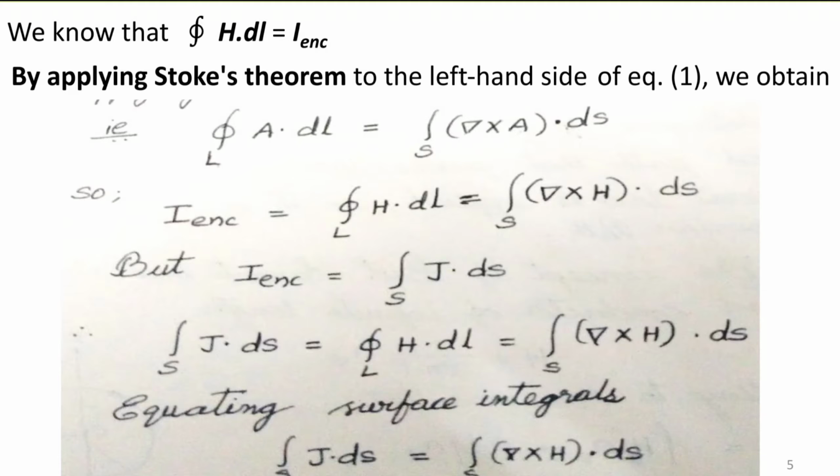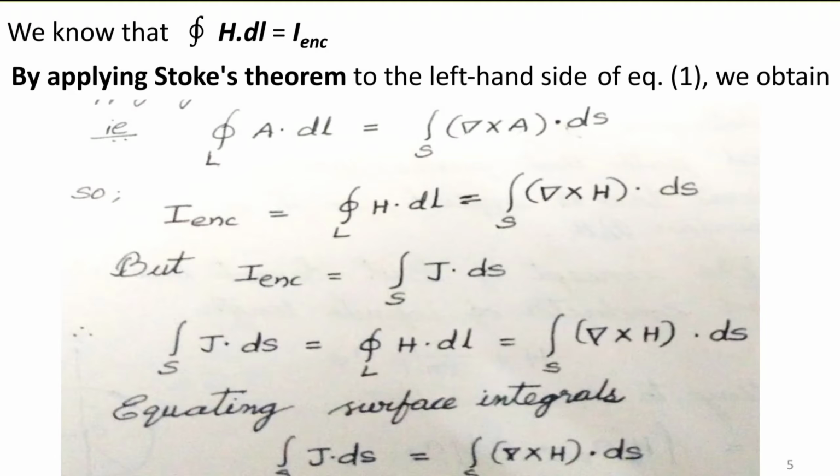This is the definition of Stokes theorem. Now we apply it to our first equation. What is our first equation? I enclosed is equal to closed integral H dot dl. And that is equal to, that means closed integral over L of H dot dl is equal to integral over S of del cross H dot ds, as per Stokes theorem.